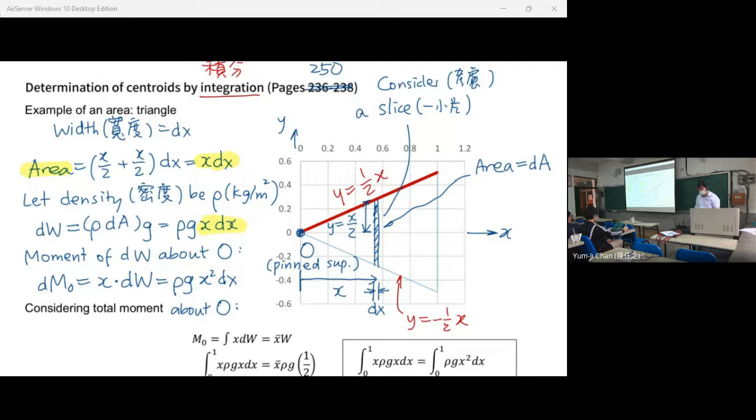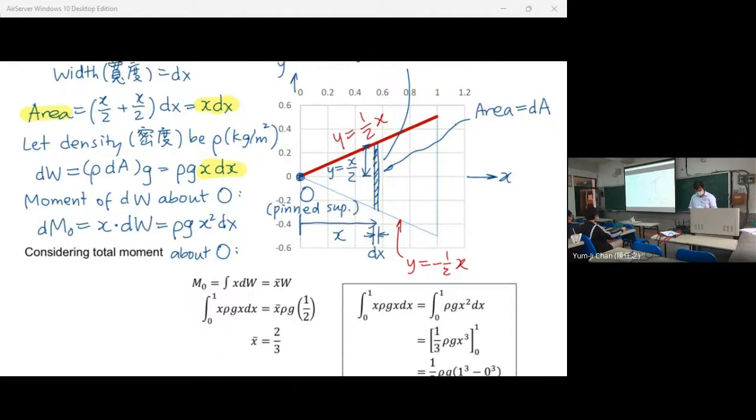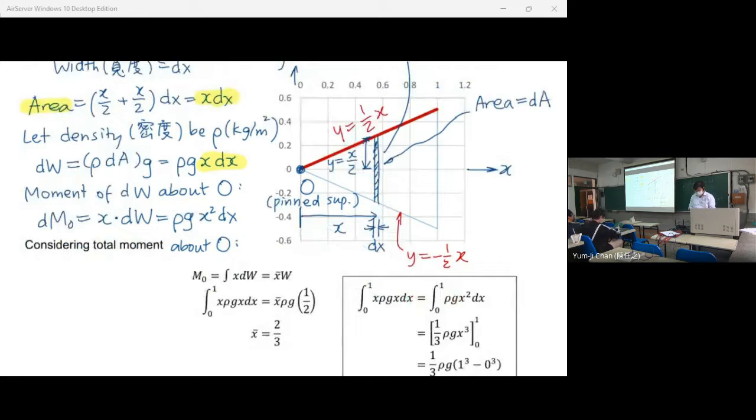Okay? So how do we consider many slices? We need to have integration. So we consider total moments about O. We have one slice and we put many slices here, so we put the integration sign here.